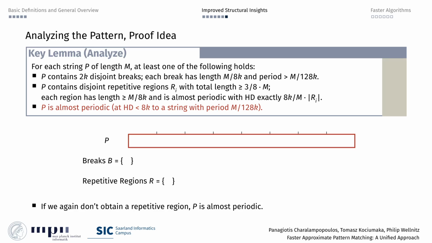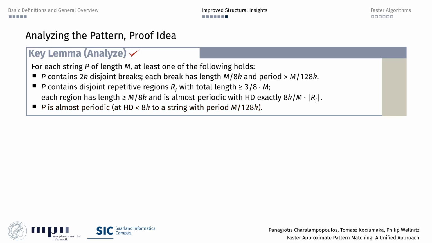If we fail to obtain a repetitive region again, we now know that P is almost periodic. This completes the rough overview of the ideas required to prove our key lemma and by extension the structural insight.